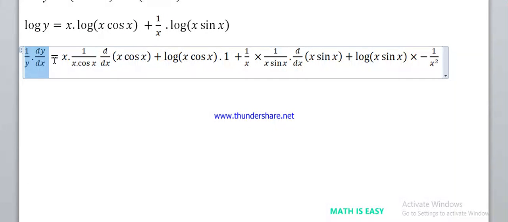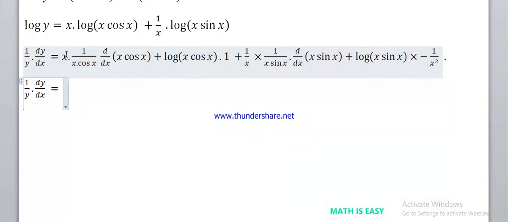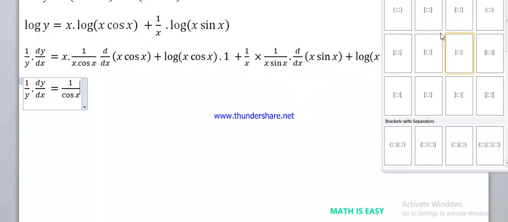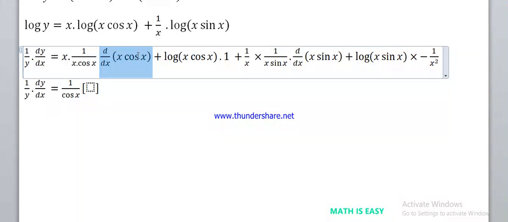Okay. So this is going to be little bit lengthy. So here as it is in the denominator, this one. So here what you can do is x in the denominator and x in the numerator both will get cancelled. So I am left with 1 upon cos x into, let me put some bracket, because derivative of this term is there. Why I kept this figure separately? Because this is again UV formula I have to apply.